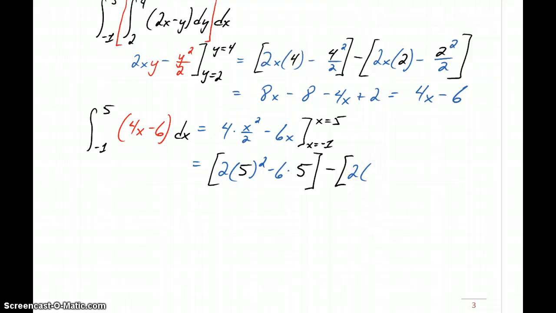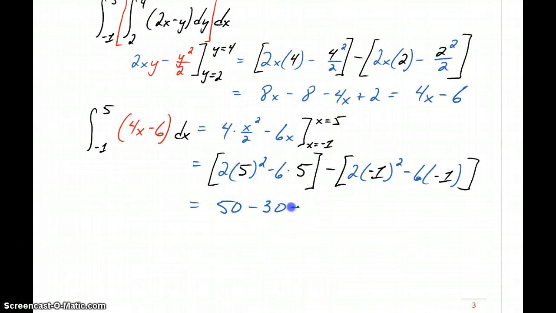So that'll be 2 times -1 squared minus 6 times -1. Which will give us 50 minus 30 minus 2 minus 6 for a final result of 12.